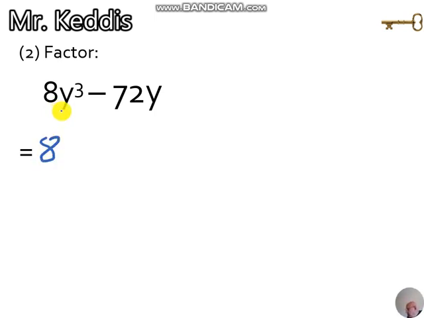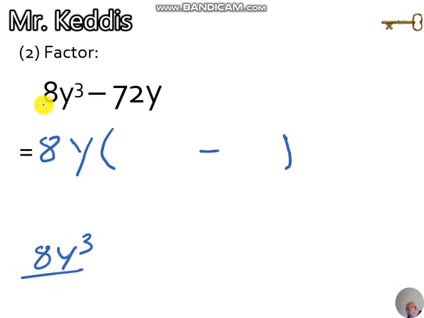Between y to the third power and y to the power of 1, I take the lowest power, y. If I divide 8y cubed over 8y, I cross 8 with 8, y to the third power over y to the power of 1, when I divide, I subtract the powers, 3 minus 1, I get y squared.